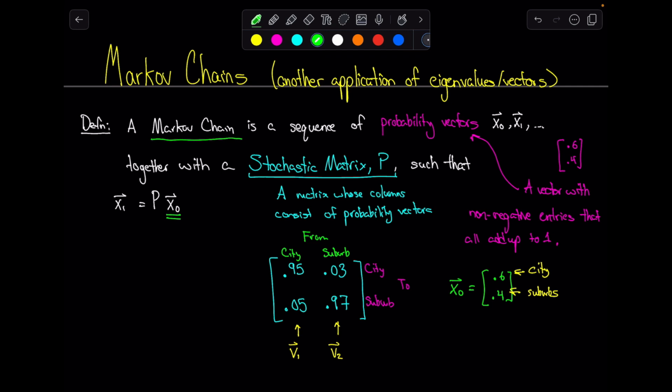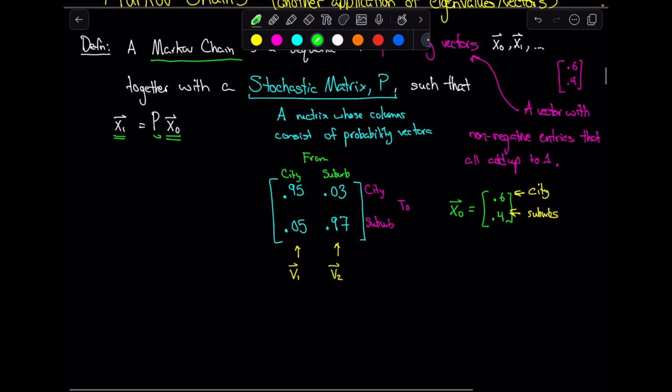It is also itself a probability vector, and we basically apply the stochastic matrix to it. We use our ingenuity and the data that we have collected to form this matrix in the first place. And it gives us a new distribution. So x1 is the new distribution of the population based on the workings of this stochastic matrix.